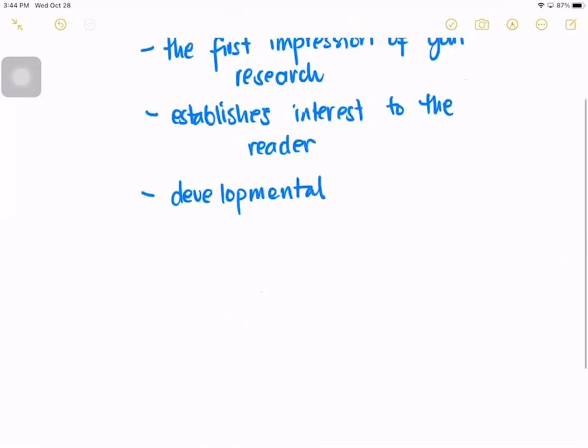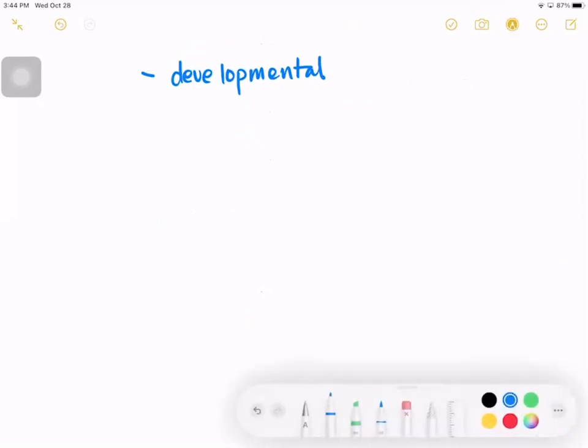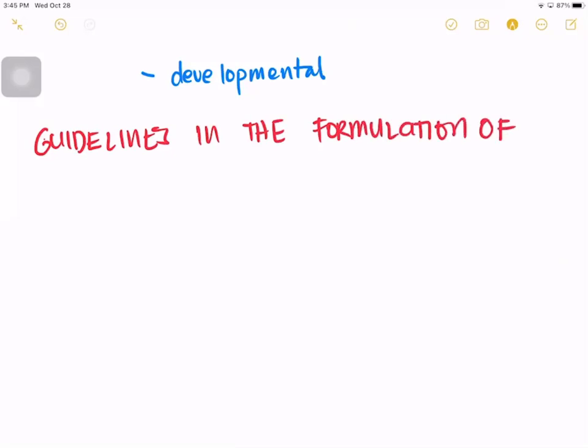Okay, so now let's proceed to our guidelines. How do we create or formulate our research title? All right, so let's talk about our guidelines and the formulation of our research topic.